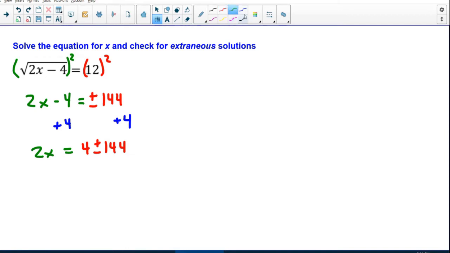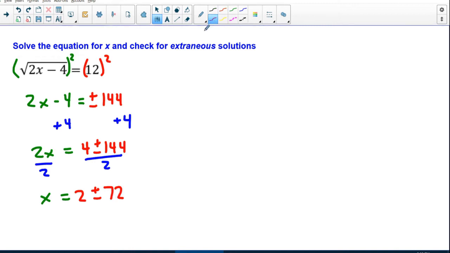My last step here, this is 2x, this is 2 times x. So the opposite of times 2 is divide by 2. All right, 2x divided by 2 is just x, those cancel. And then over here, 4 divided by 2 is 2, plus or minus. And then 144 divided by 2 is 72.